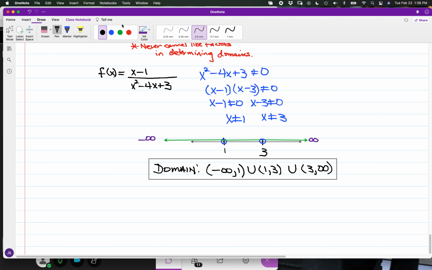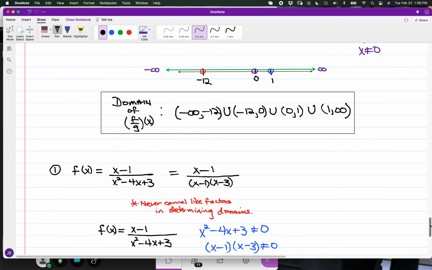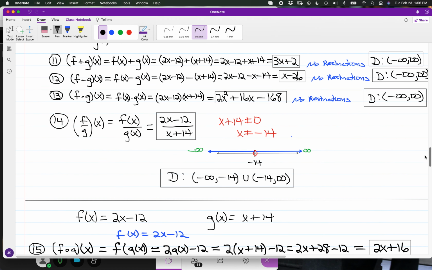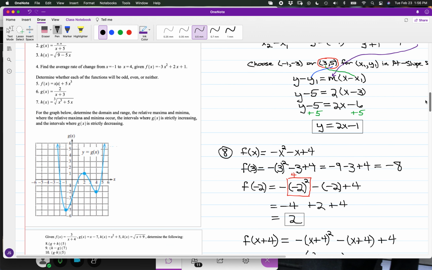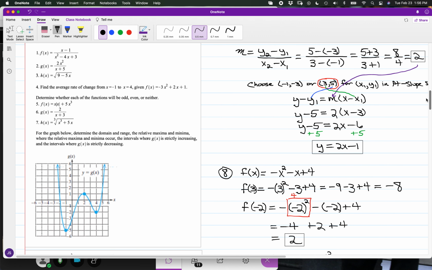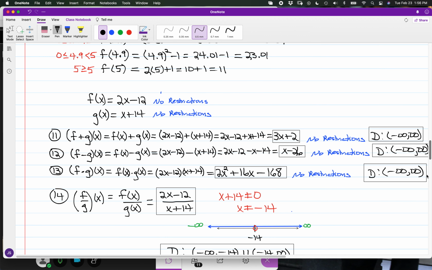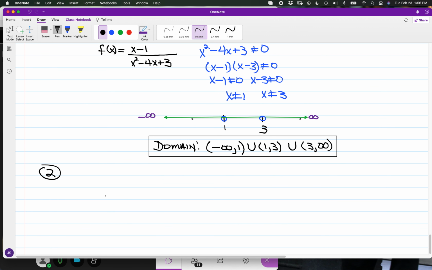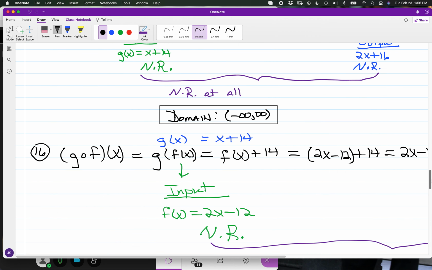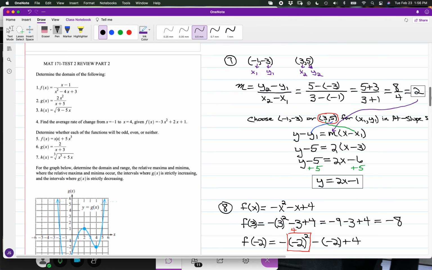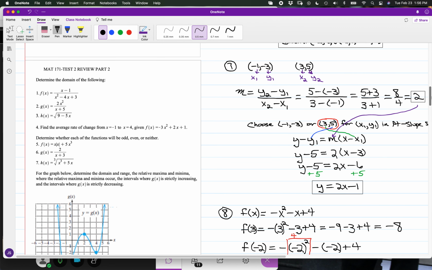All right. And in the case of the next function, we have g of x equals 2x squared over x plus 5.